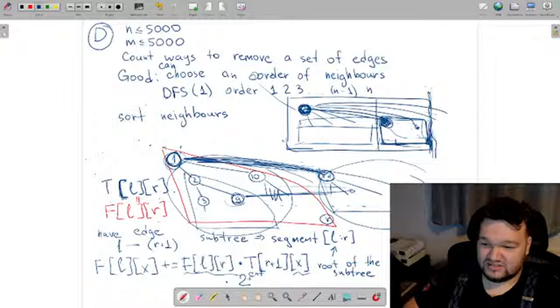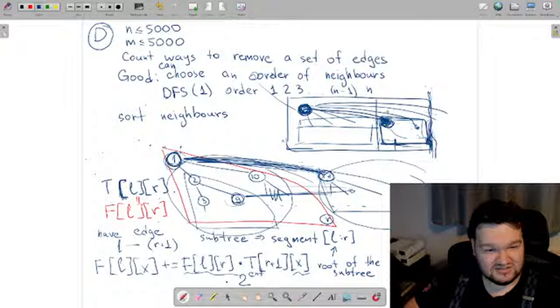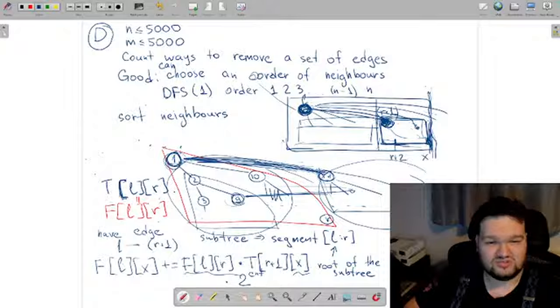How are you calculating CNT exactly? So CNT is the number of edges from L to the segment. So if we are considering the edge from L to R plus 1, then from R plus 2 to X, we want to count the number of edges from L to this segment.